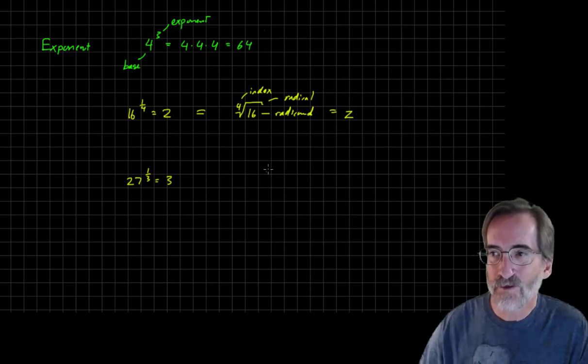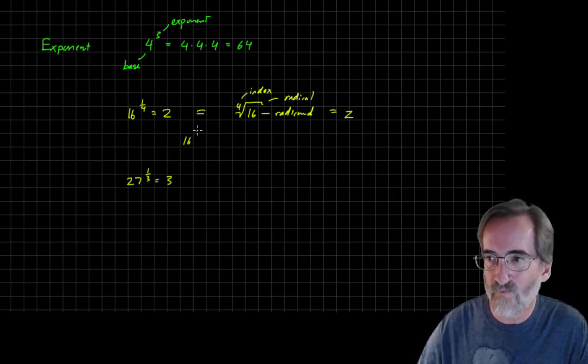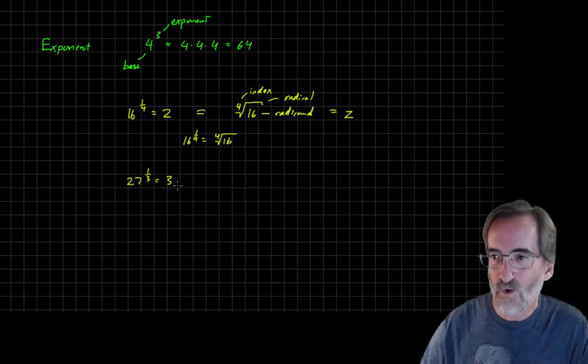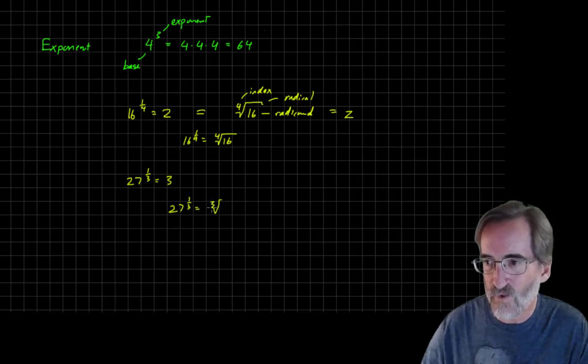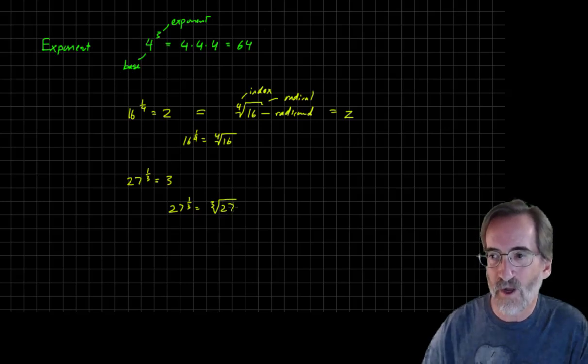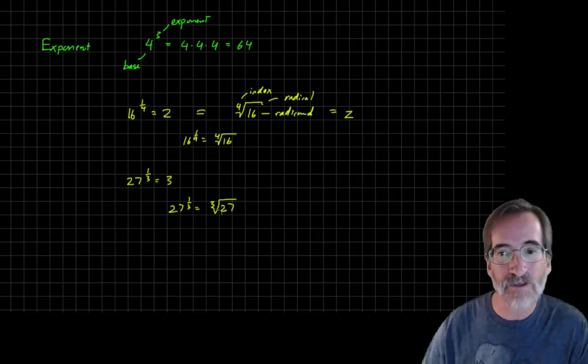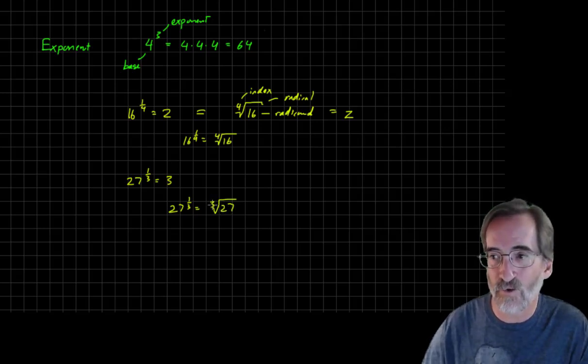So it's really the same thing. 16 to the 1/4 equals the fourth root of 16. 27 to the 1/3 equals the cube root of 27, which is solved the same way. What number times itself 3 times makes 27? 27 is 3 times 3 times 3. Therefore, the cube root of 27, or 27 to the 1/3, same problem, is 3. So you want to be able to convert between the two.